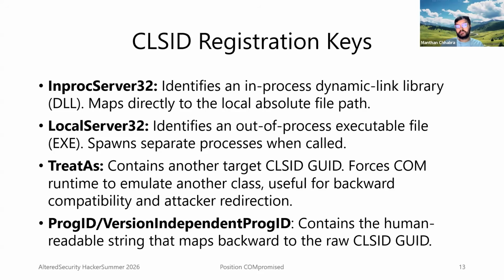The first one is the InprocServer32. This is the most common implementation of a COM object, and you will see this very often. Whenever this InprocServer32 key is present, it points to a DLL file on the file system. It maps the COM class to a DLL file, and this tells the operating system that the COM component is an in-process server, packaged as a standard DLL.